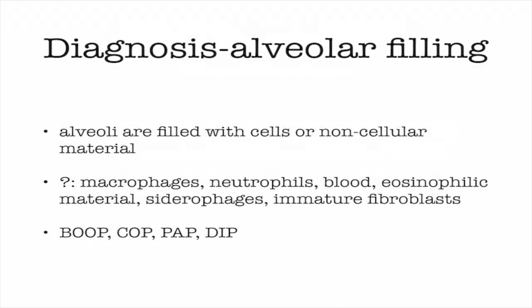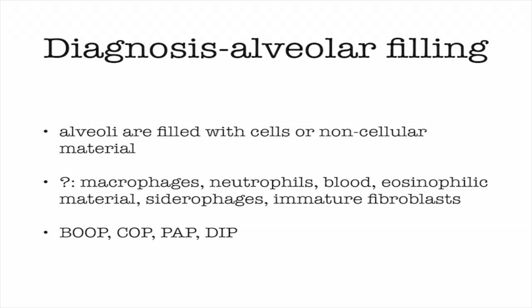The other pattern is alveolar filling. Of course, like they say, pathology is always just simple and logical. When I say alveolar filling, of course you are going to have alveolar filling with either cells or non-cellular material. So sometimes we see macrophages in there, you see neutrophils, you see blood, eosinophilic material, or siderophages. Those are macrophages that have eaten up some stuff.